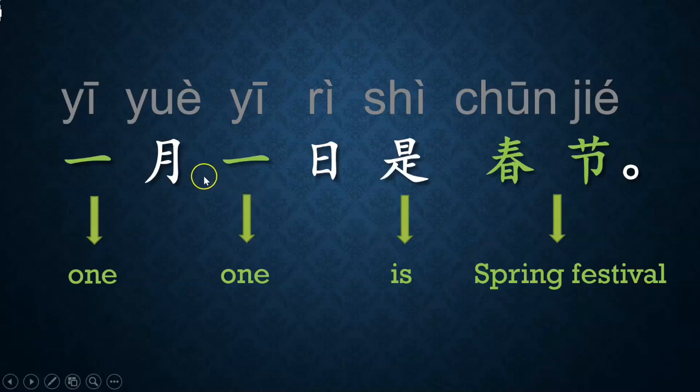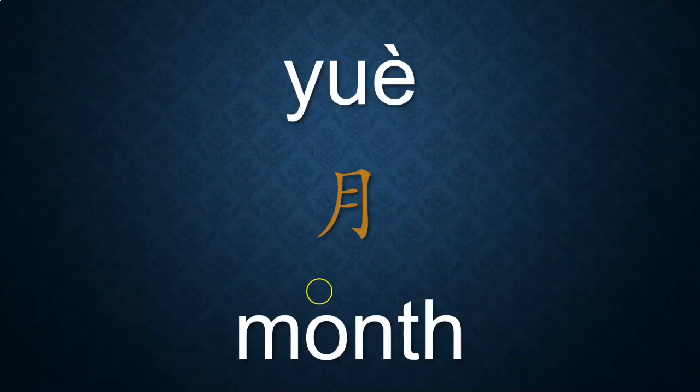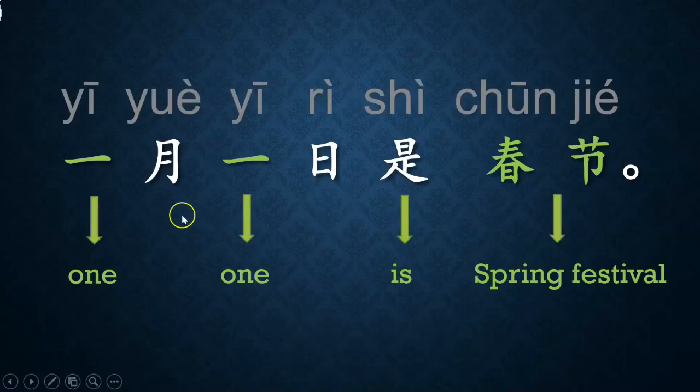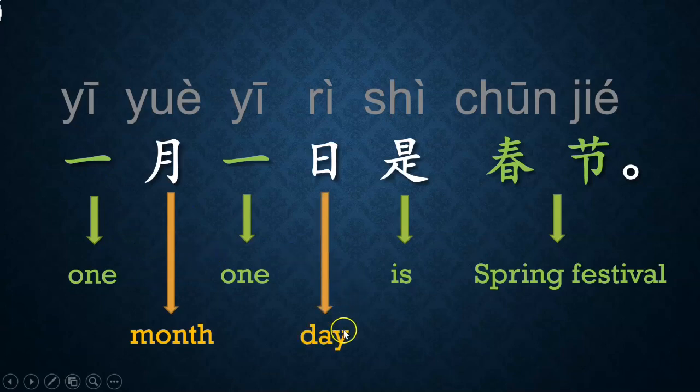Alright, so now let's have a look at the meaning of 月 and 日. So 月 here actually means month, and 日 means day. Okay, so if we put the sentence together, 1月1日是春节, 1 month, 1 day is Spring Festival.